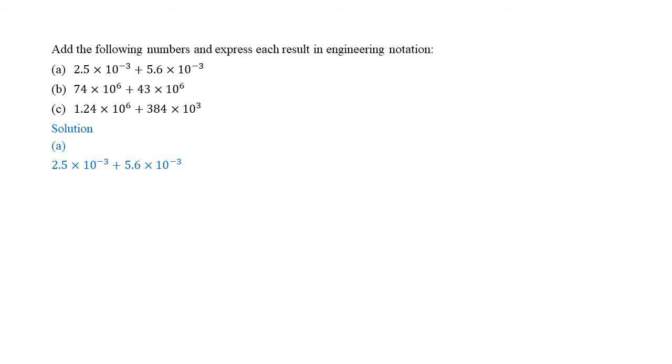So the 10 to the power negative 3 occurs in both terms. We can simply factor out this common factor. First, equals, put a big parenthesis, and then copy down that common factor, multiply 10 to the power negative 3.